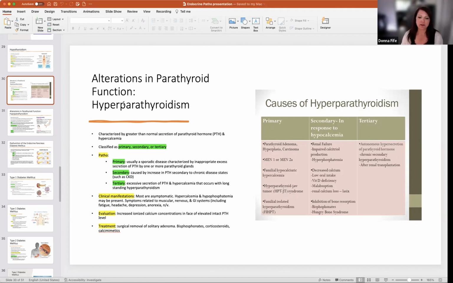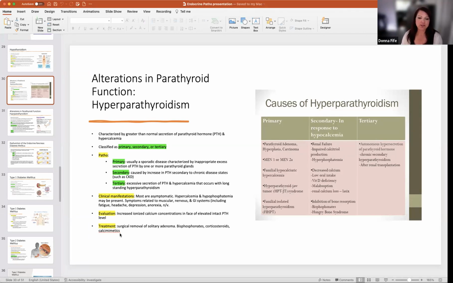Secondary is caused by an increase in PTH secondary to chronic disease states such as chronic kidney disease. And tertiary is excessive secretion of PTH and hypercalcemia that occurs with long-standing hyperparathyroidism. And this chart just shows the different causes as primary, secondary, and tertiary.